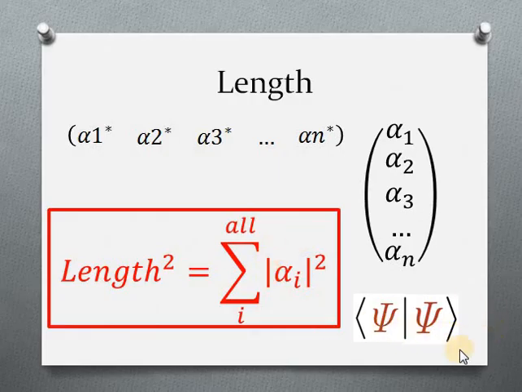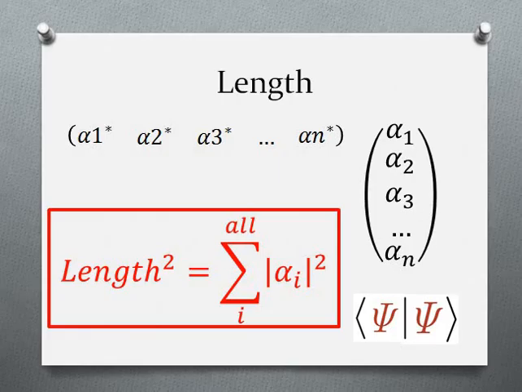This quantity bracket psi psi basically represents the length squared, and we saw that it is going to be alpha 1 star into alpha 1, alpha 2 star into alpha 2. That means you take the mods of them, square them, sum them all, and that is going to give you the length squared. As we discussed in the last class, we should not call it a length now because it does not physically represent any length.